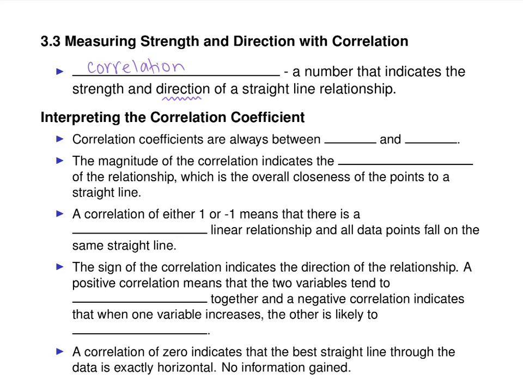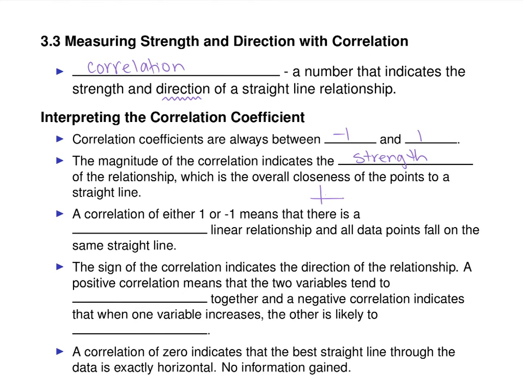Now, some things about correlation coefficients. They're always between -1 and 1. And they're kind of like percents, really. You either have a 100% perfect relationship in the positive direction, negative 100% meaning in the negative direction. Now, the magnitude of the correlation indicates the strength. And the strength is the closeness of points to a straight line.